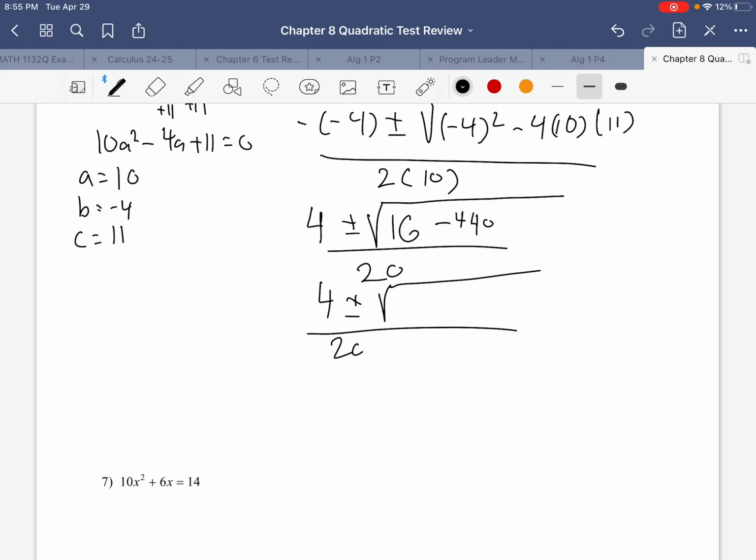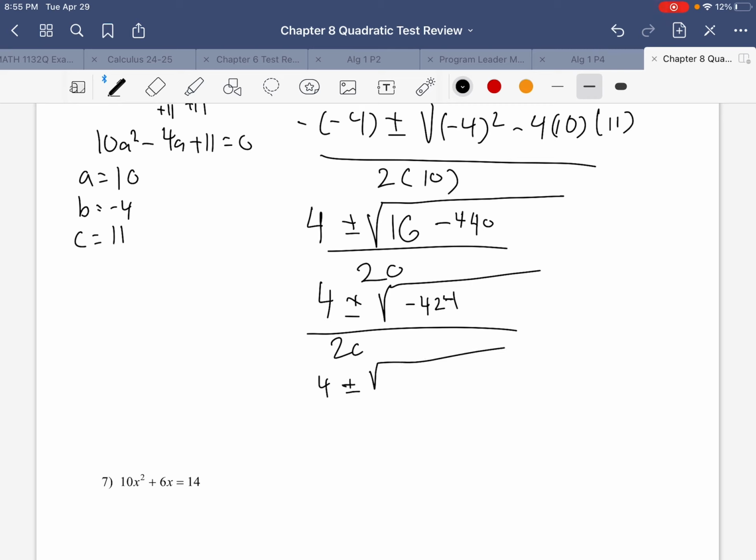If you were to actually do 16 minus the 440, you get negative 424, which is divisible by 4. So it's still 4 plus or minus.